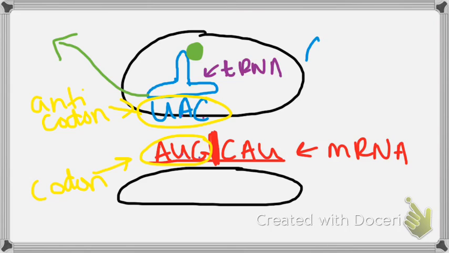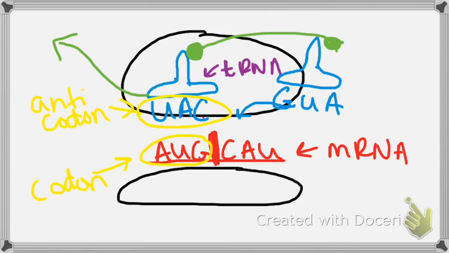This one's going to have the complement to the AU, which would be GUA. So this one's going to come in and match up over here, carrying a different amino acid. Once these match, these are going to be connected.